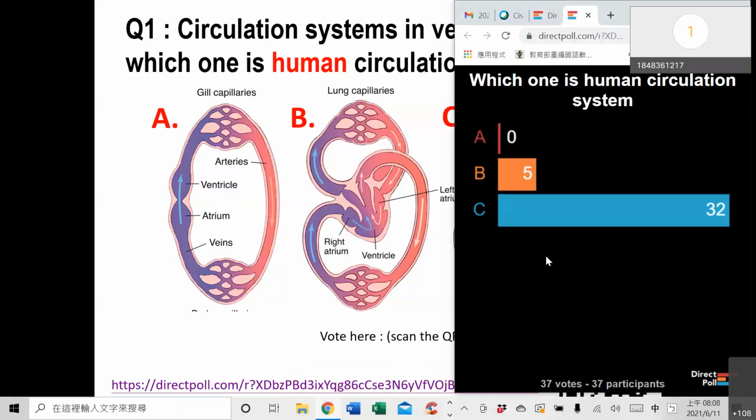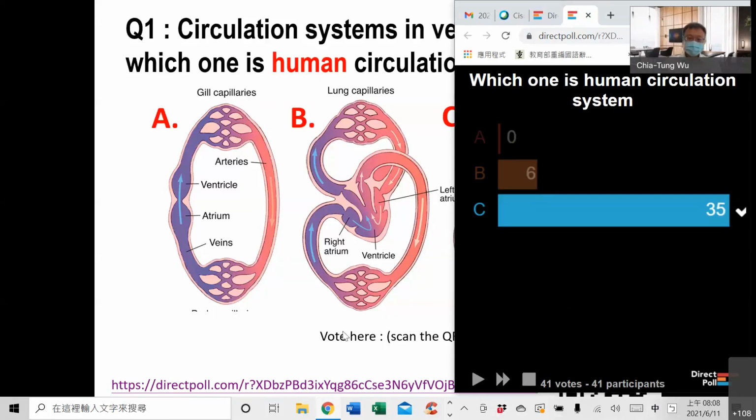Okay, since we don't have too much time to wait, let me show you the result here. I think most people choose answer C, and C is the correct answer.